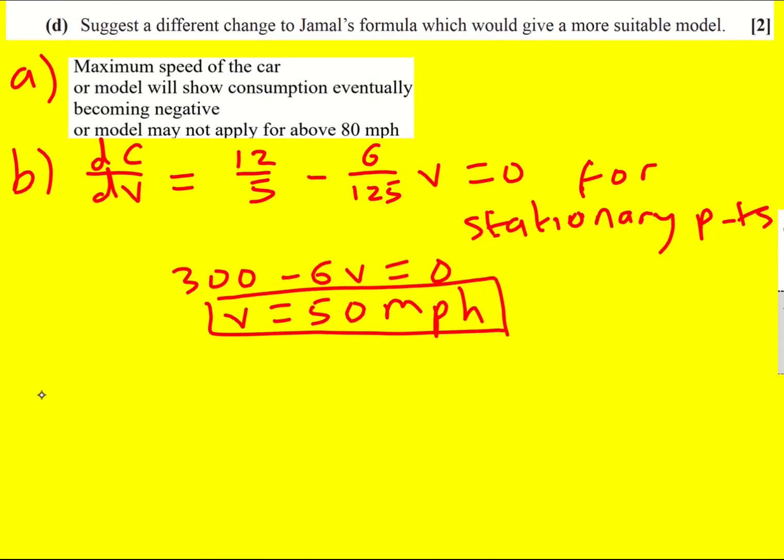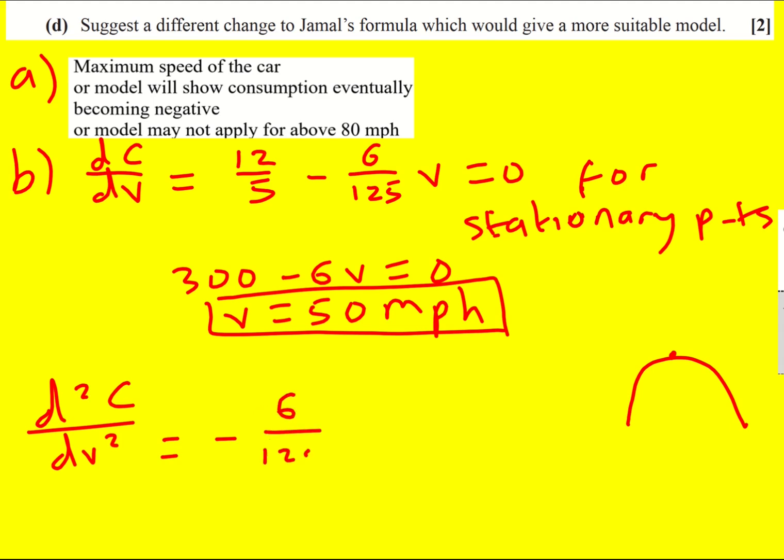So for this, there's a couple of ways you can do it. Actually, I think it's absolutely fine to point out that it is a negative quadratic, so it must be a maximum. It doesn't mention that on the mark scheme, but it seems like it would be okay. If you want to just be extra sure, look at the second derivative. d2C by dV squared is equal to minus 6 over 125.